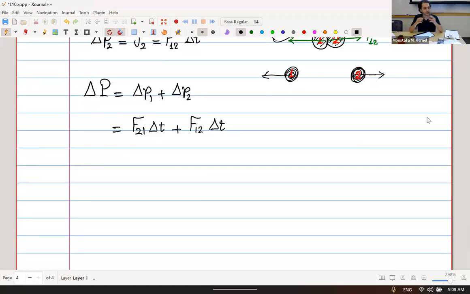The collision is happening during the same time, so this delta t is the same. This is intuitive. We don't need to explain that. So we can take it as a common factor. What do you know about F21 and F12?